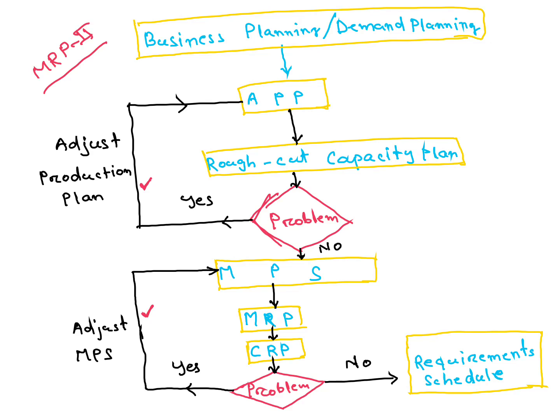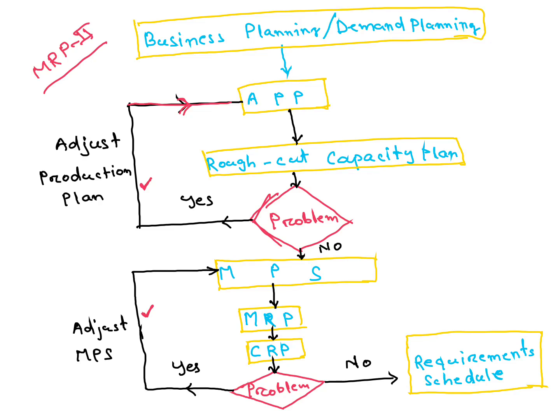If it is not satisfying our requirement, if a problem is coming, then you have to adjust the production plan. One closed loop you will get here. If any problem is coming, you have to adjust the production plan. If no problem, then you go for MPS, master production schedule.